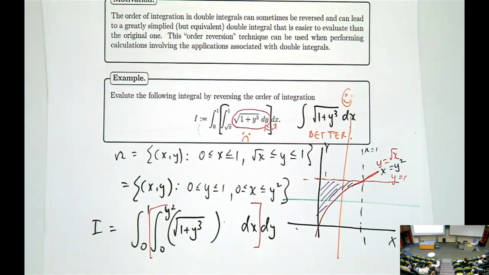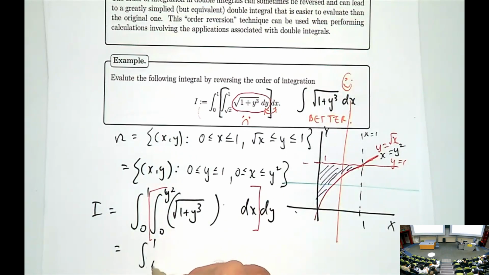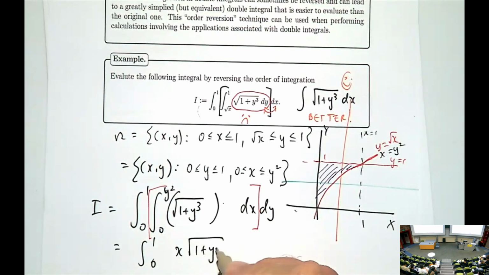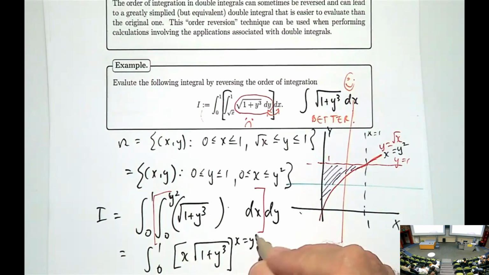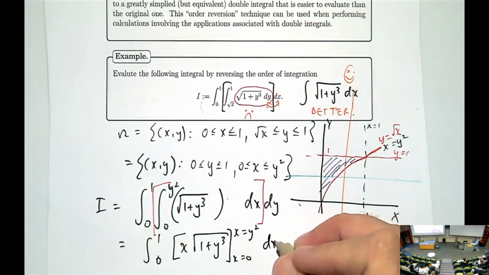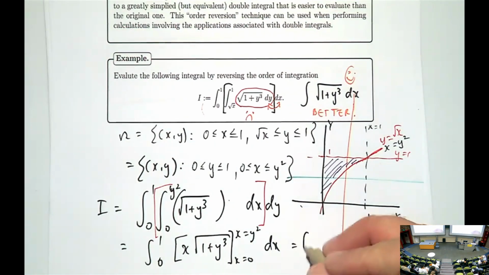Okay? All right, so let's do the integral. This is just x times that. Super easy. So I plug x in there, I'm going to get a 0, I'm going to get a y squared.